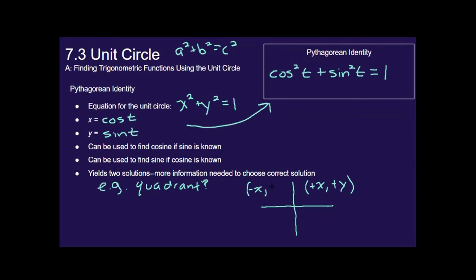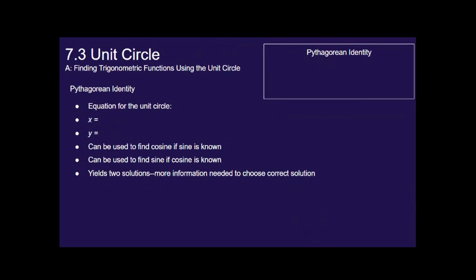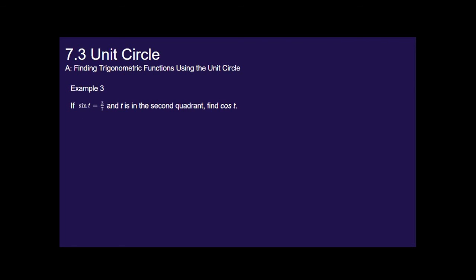In this one you have negative x, positive y. In this one they're both negative. And in this one you have positive x and negative y. So if you know what quadrant it is in, that can help you choose which solution you are looking for. Let's do an exercise with that so you can see what I'm talking about.